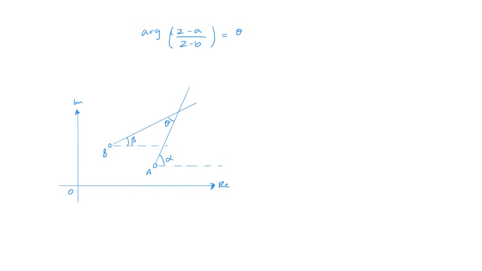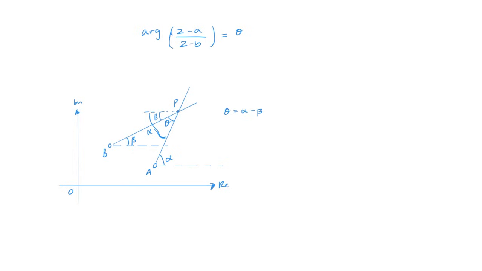So that's going to be theta, and this will be the point P. Now, this angle here is equivalent to beta, and this angle here is equivalent to alpha. So theta is alpha minus beta.